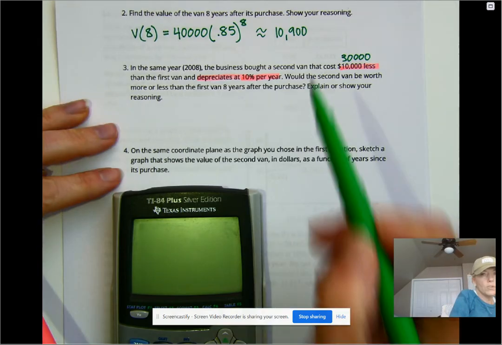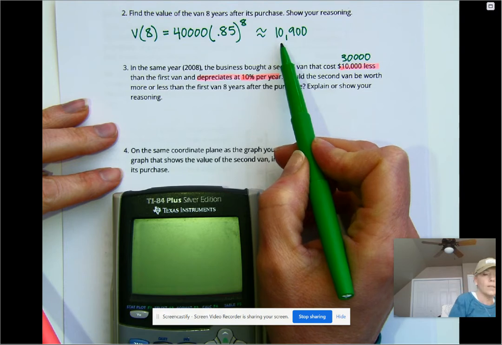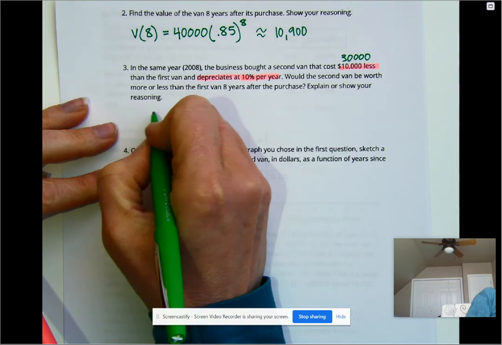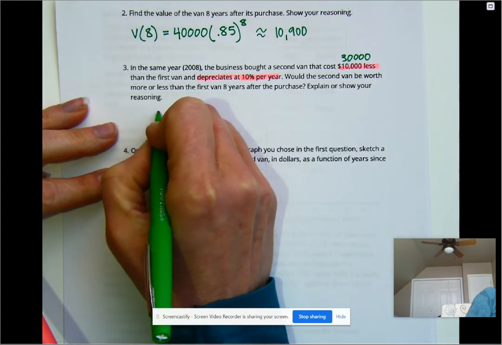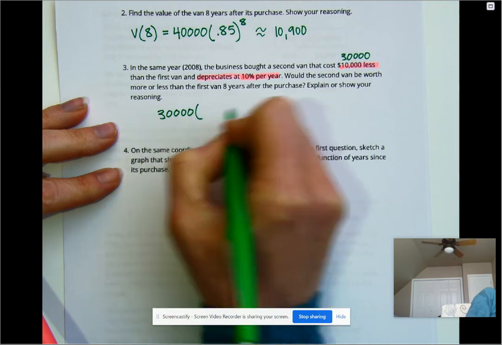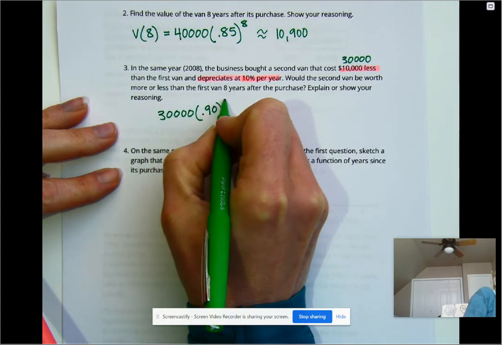So here's the first van 8 years after the purchase, $10,900. And then we can figure it out for the second one. So the second one was purchased for $30,000 and it depreciates at 10% per year and then 8 years.